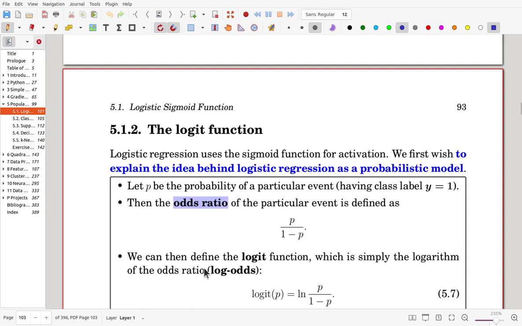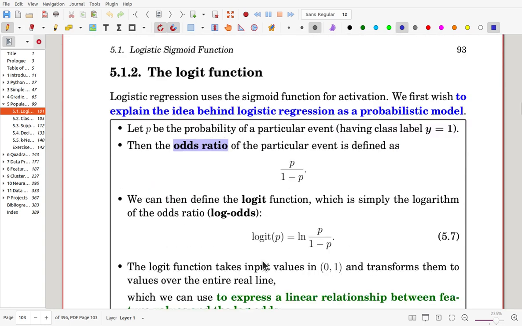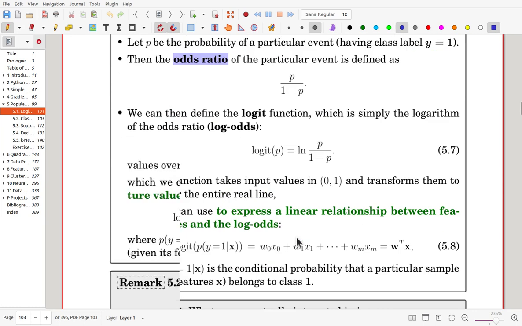Then we can define the logit function by taking the logarithm. So logit p is logarithm of p over 1 minus p. The logit function takes p, which is between 0 and 1, and its output is any value over the entire real line. So here we may use it to make some connection.